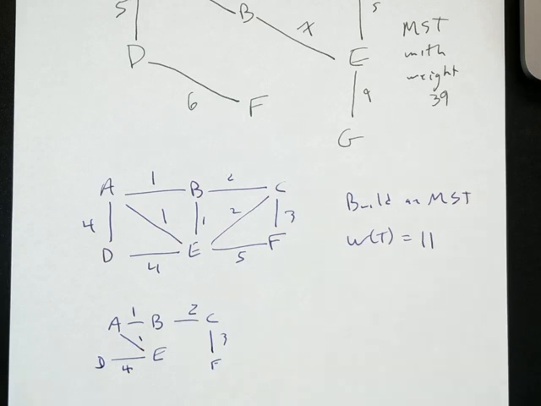Somebody get a different minimum spanning tree? Again, it depends on your choice of tiebreakers, right? I got a different minimum spanning tree.